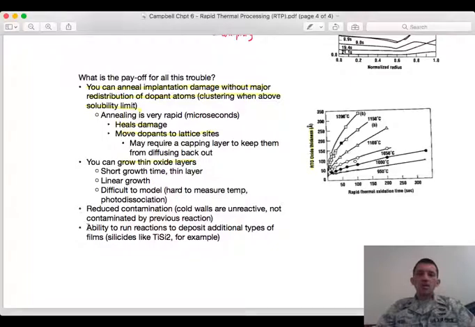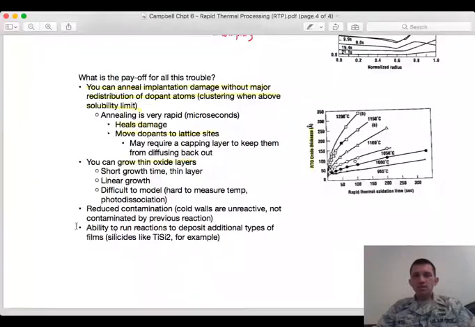You're limiting the number of reactions that can occur inside of your chamber to the ones that you want to happen.